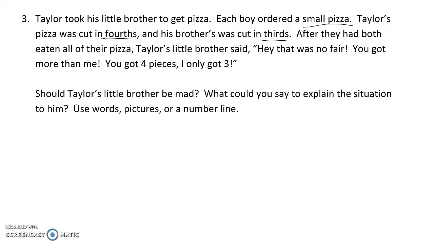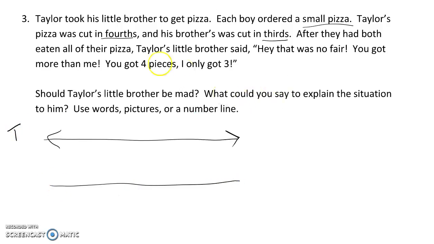Okay, well, I personally really like pictures, but for me, pictures or a number line would do the trick. Since we're using a number line here, I'm going to use a number line. So here's my number line. So this is going to be Taylor's pizza. Underneath, because it's easiest to compare number lines when you have them on top of each other like this, this is his brother, so we're going to just label that B for brother.